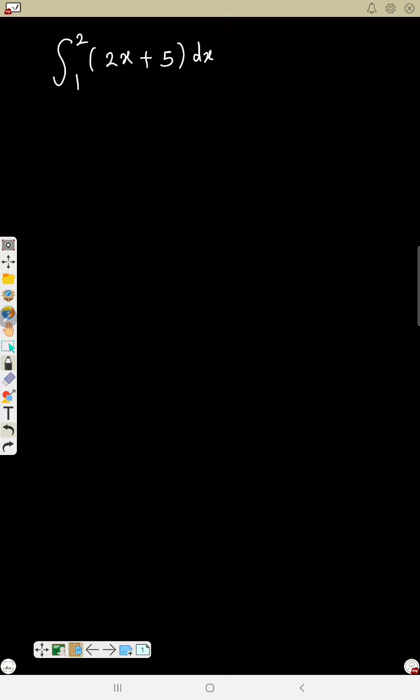Now what we are going to do here is still normal. The first thing is that you remove the integral, so just integrate. So this will become 2x squared over 2, as we have integrated before, plus 5x. I believe you should understand this. Then put the limits 2 and 1.